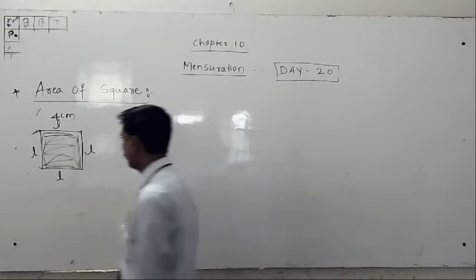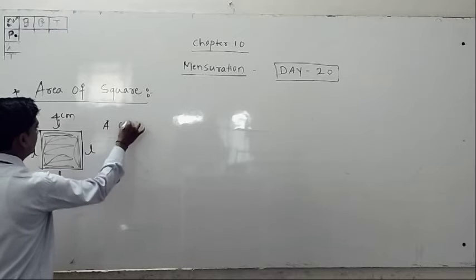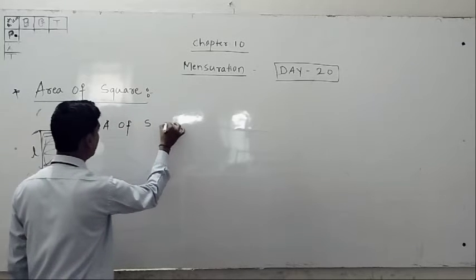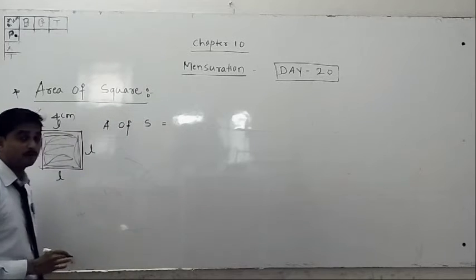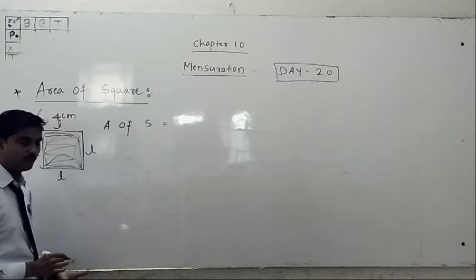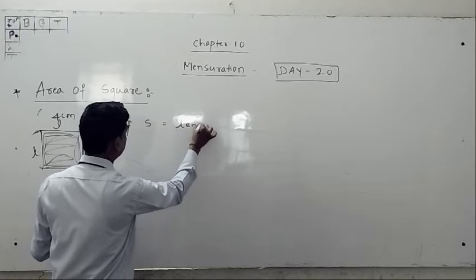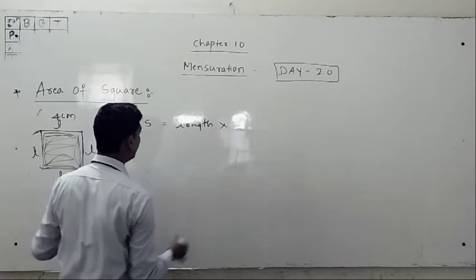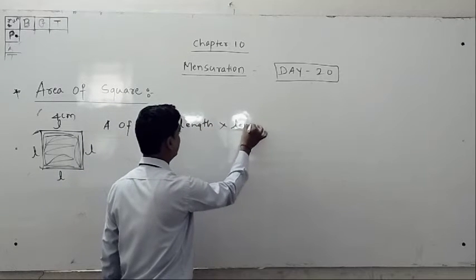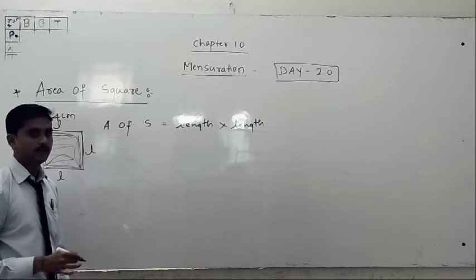That's why we are writing there A of S is equal to, what is the formula? Area of square formula: length into length.